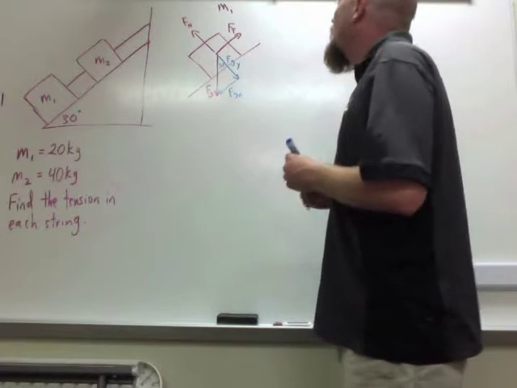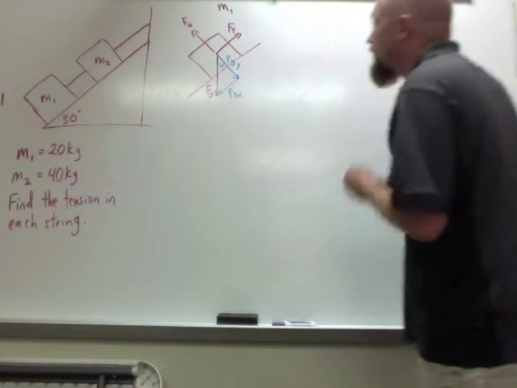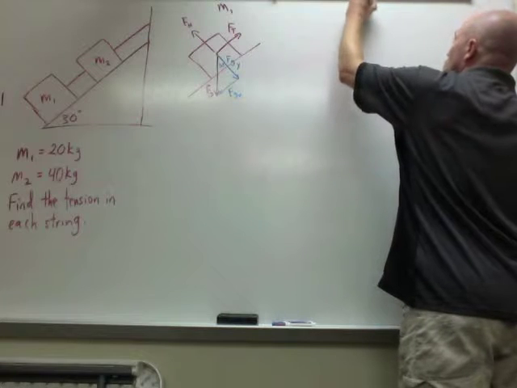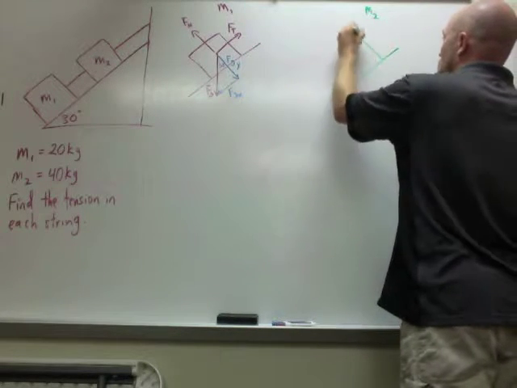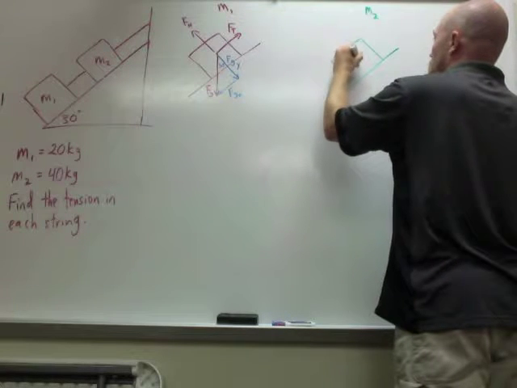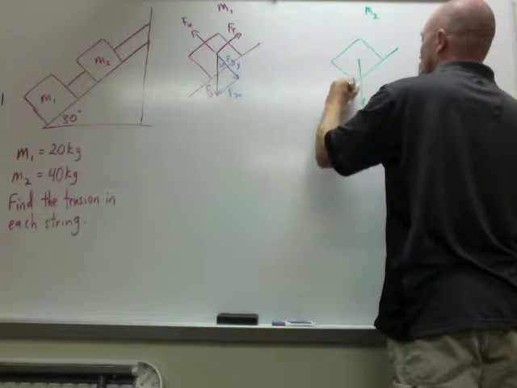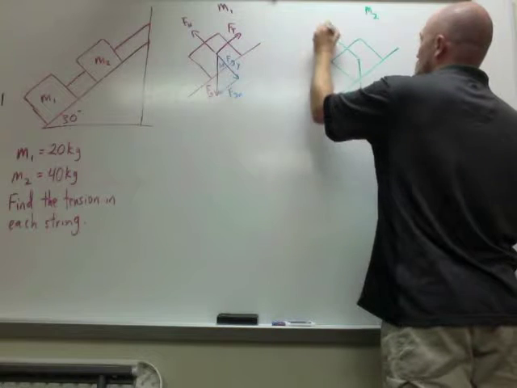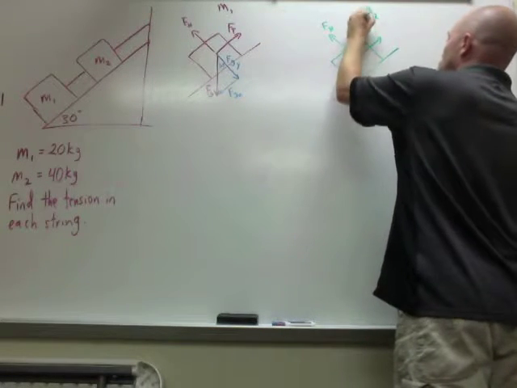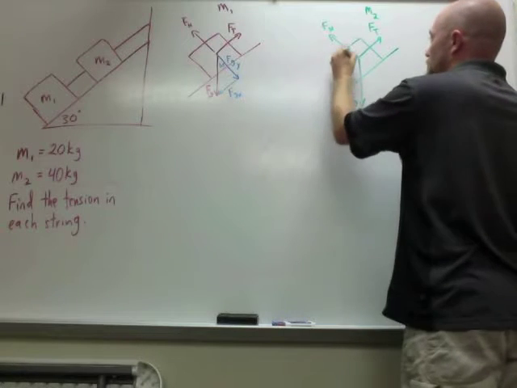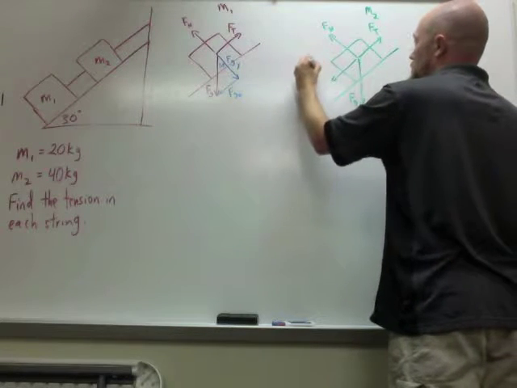If I do M2, I get FG here. Okay, so now I have two different strings.